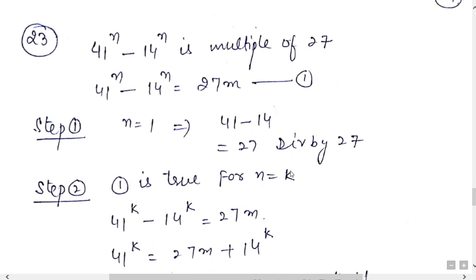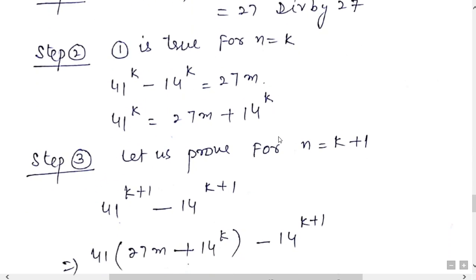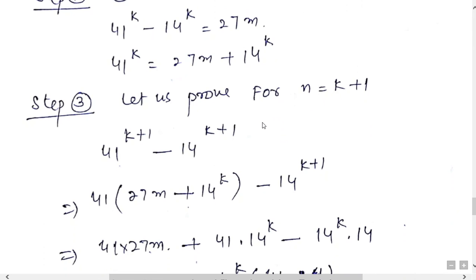Question number 23 is again on the same pattern, but we have to prove this statement is a multiple of 27. You can write 27m. Insert n is equal to 1, 41 minus 14, answer is 27. Then insert n is equal to k, then find some value. 41 raised to power k can be written as 27m plus 14 raised to power k. Let us prove for n is equal to k plus 1. It's 41 raised to power k plus 1 minus 14 raised to power k plus 1.